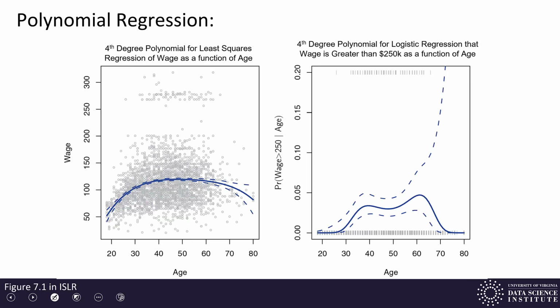Here's an example. On the left-hand side, we're taking a fourth degree polynomial, doing least squares regression of wage as a function of age. This is an example where you can imagine why there's some sort of nonlinear relationship. At low ages, people are starting their careers, and so they're not making as much.